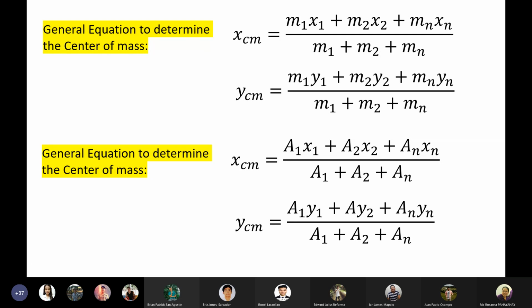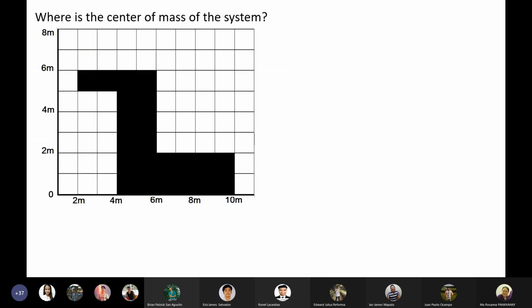If it's rectangle, nasa gitna pero depende sa length and width ng rectangle. Okay? So, then plus area 2 times its center of mass plus area of so on and so on divided by their areas, okay? And the same for y. Okay, so this is the general equation of center of mass if we are going to talk about area.